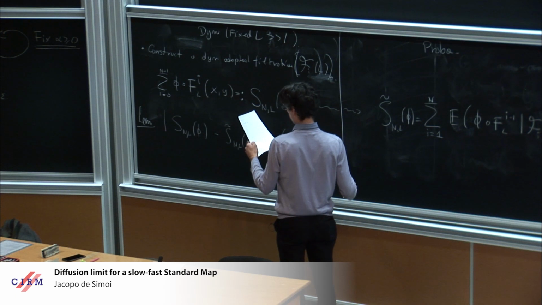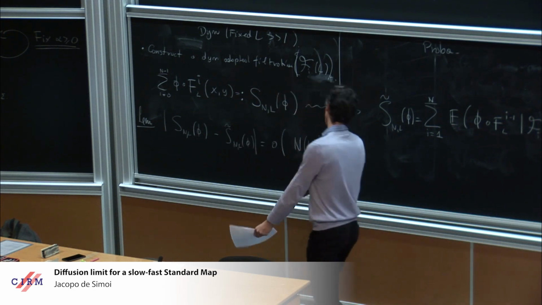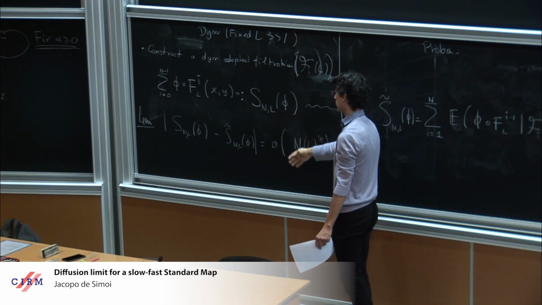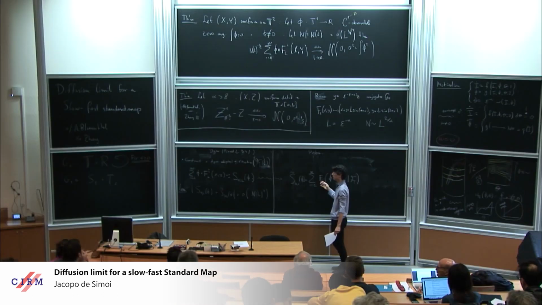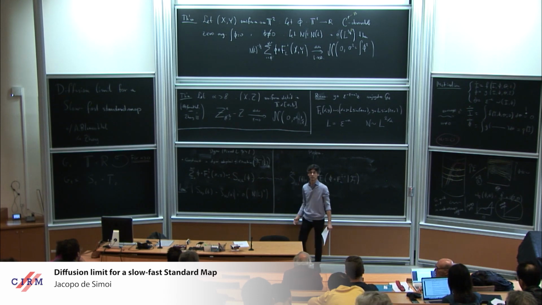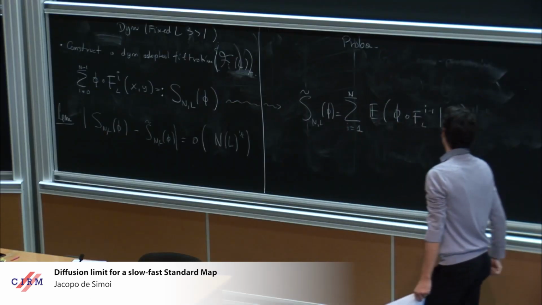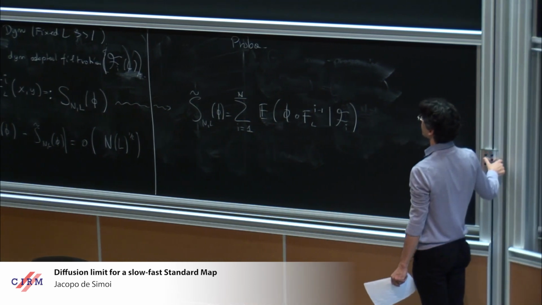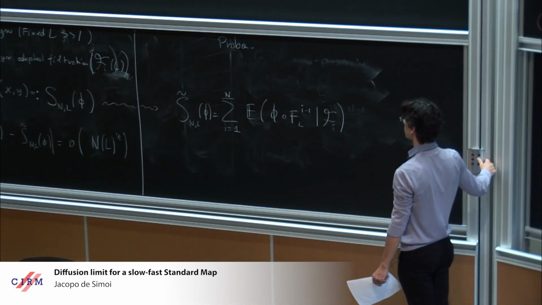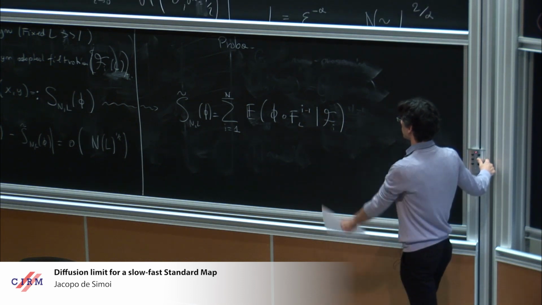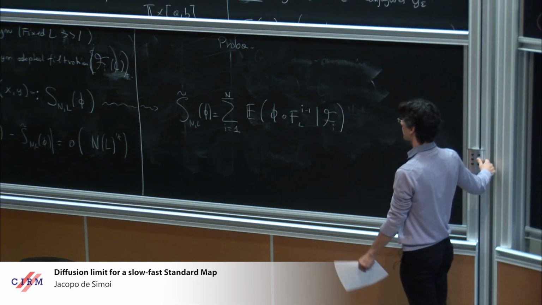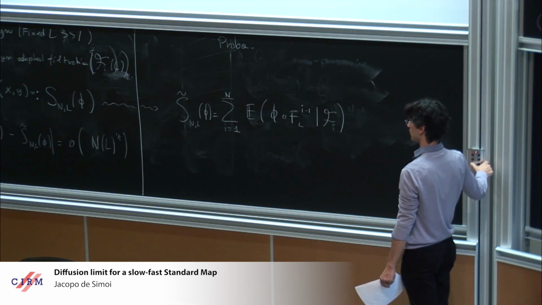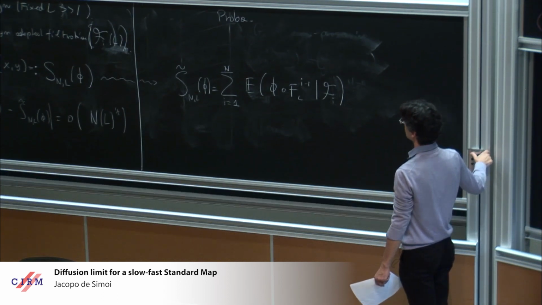Therefore, in the limit, if I prove a central limit theorem for this one, I would obtain the central limit theorem for the dynamical one. And then, of course, a combinatorial probabilistic machinery starts to get in. So this, you can rewrite as, in fact, a martingale difference sequence.